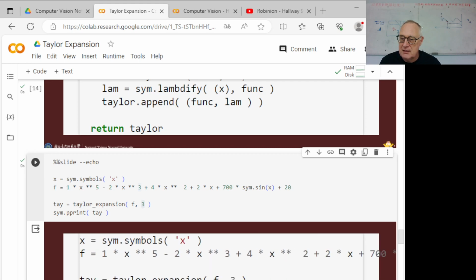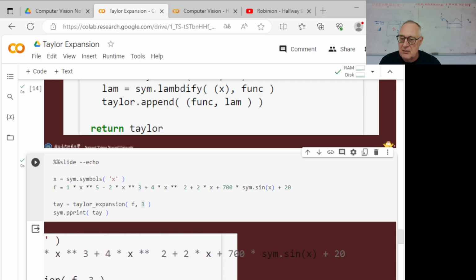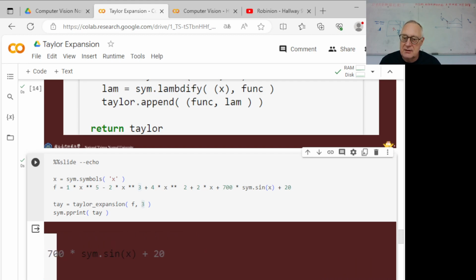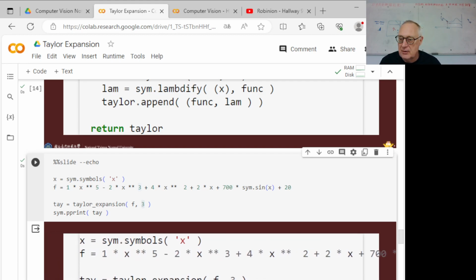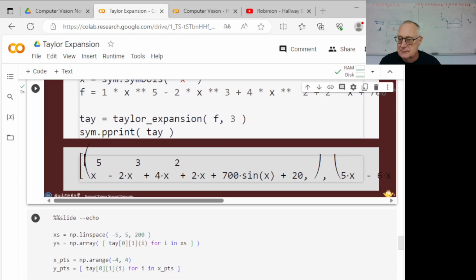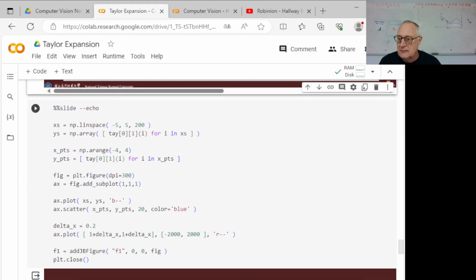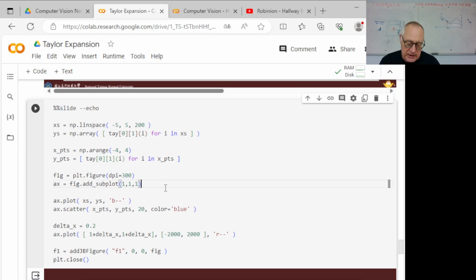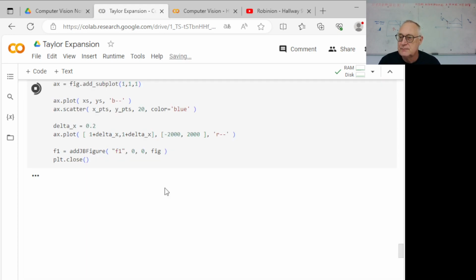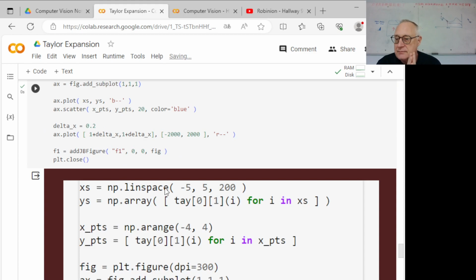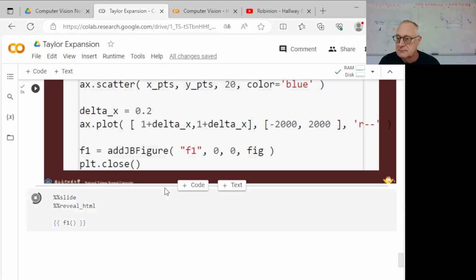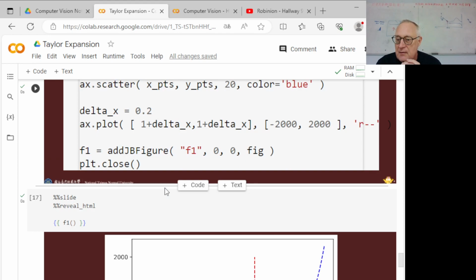Then first derivative, second derivative, third derivative, so on and so forth. So then we can plot it. So here would be an example.